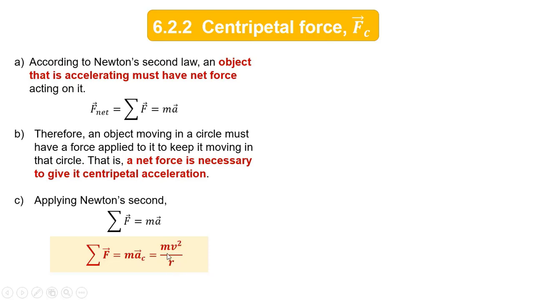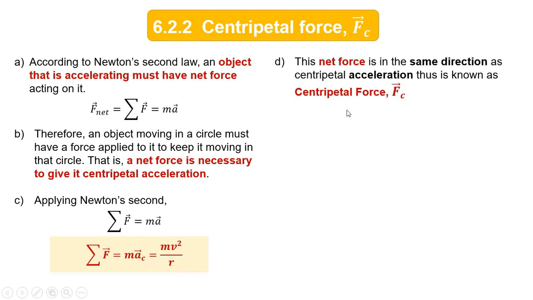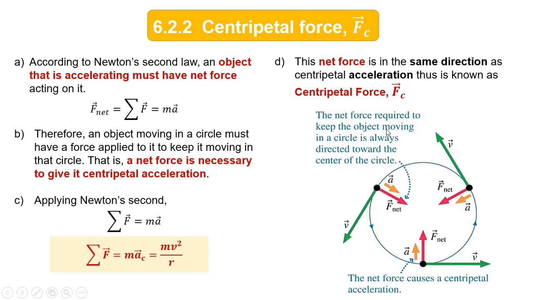In the previous lesson, we know that a_c equal to v squared over r. This net force is in the same direction as centripetal acceleration, thus is known as centripetal force, Fc.